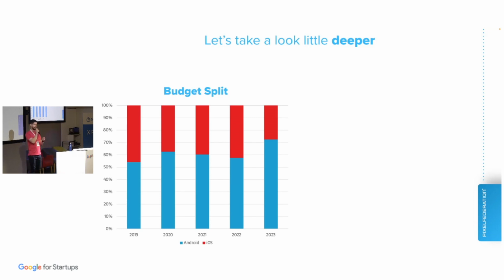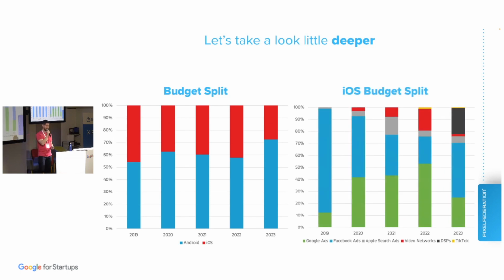And when we take a look at the breakdown by media sources or networks, there are a couple of obvious problems that we didn't tackle when we had the chance in the past, and now we are paying the price for that.